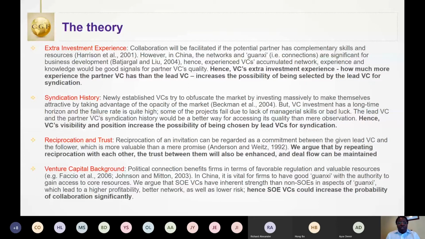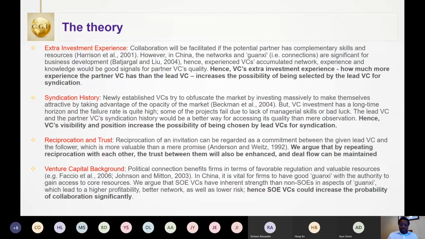But theory also points to reciprocation, and the work of Anderson and Weiss 1992 actually explains what is meant by reciprocation. That basically, if a lead VC selects a partner, the partner, when they have the chance to become a lead VC, also chooses the previous firm that was a lead VC in a previous transaction.